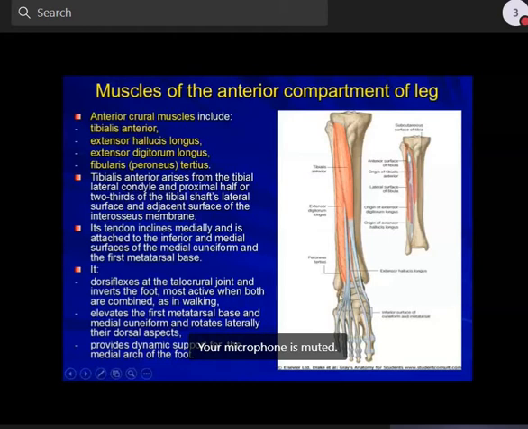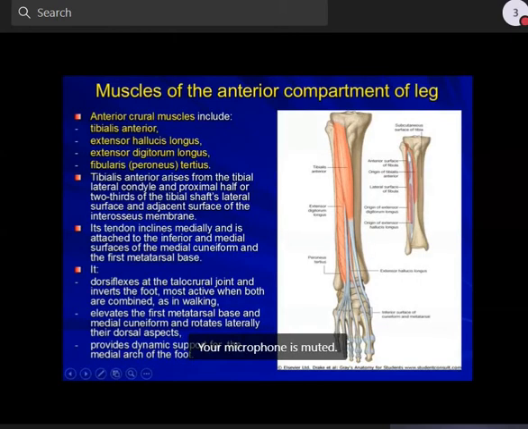The extensor digitorum longus and its central tendon end in the middle phalanges, referring here to toes 2 to 5.